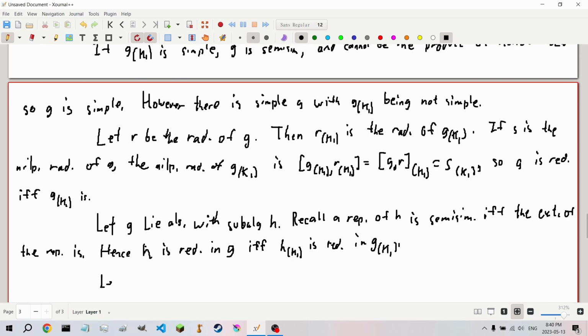Now we're going to let K naught be a subfield of K such that the index of K naught in K is finite.